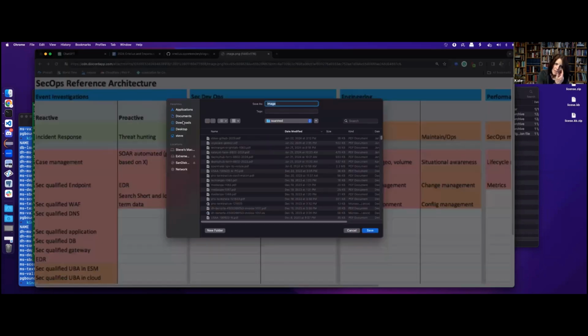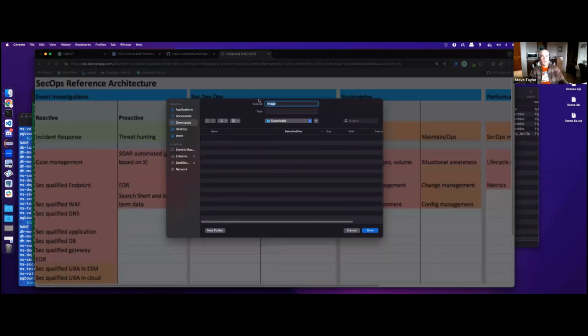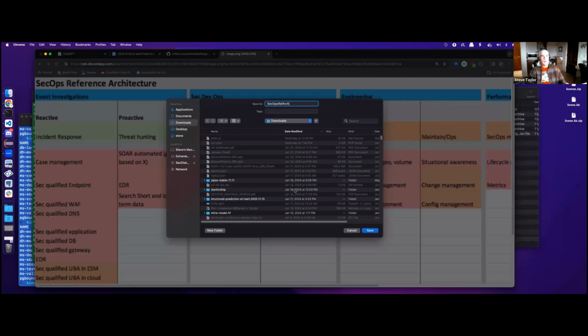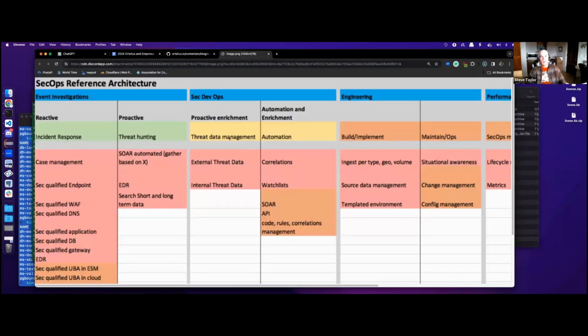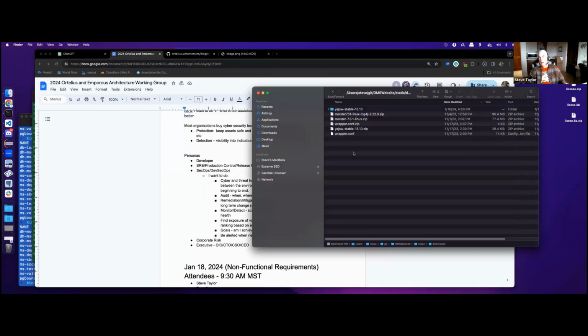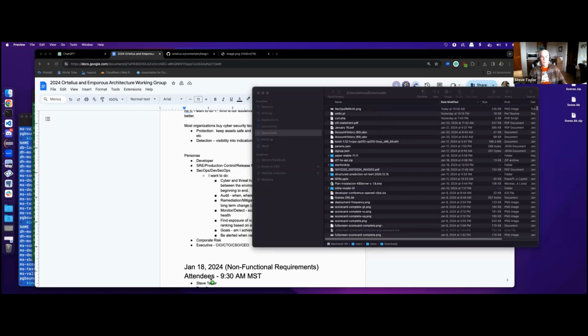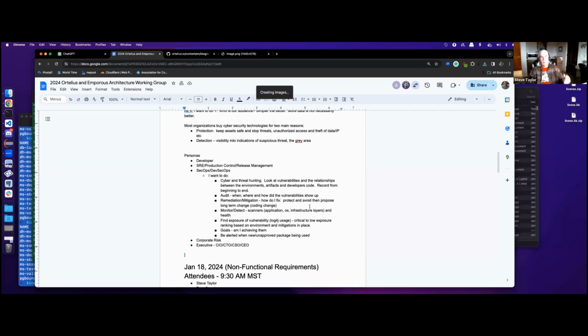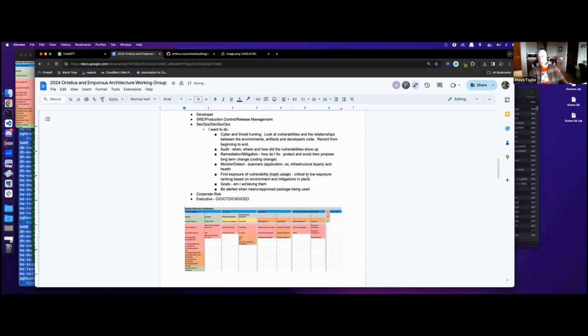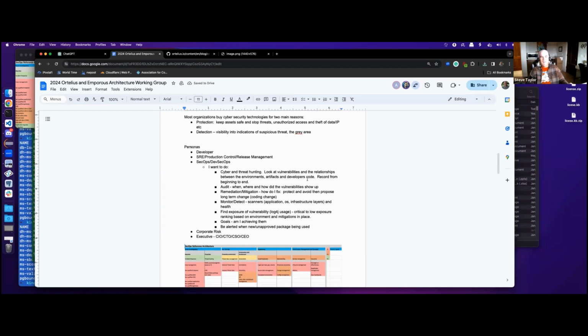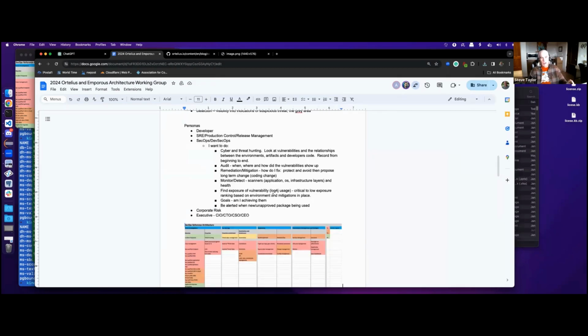But you see there Sec DevOps. Yeah, I'm just going to throw that in here real quick. There it is. Cool. One way to get it to me, and I'll move it around.